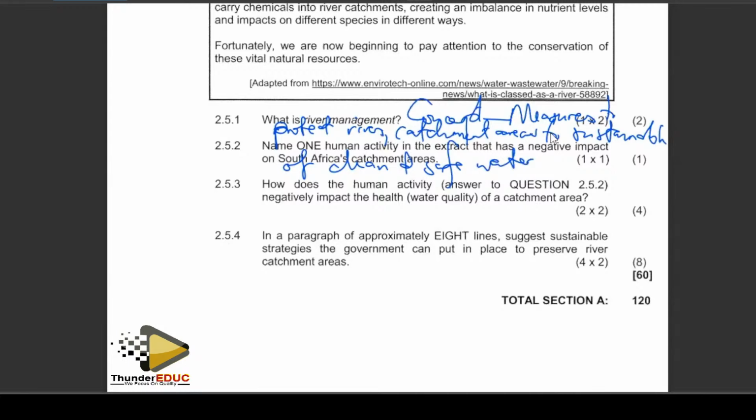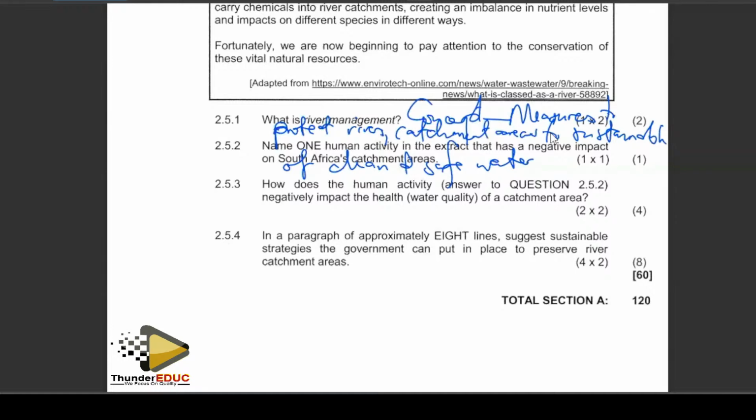I would express it as a concept as measures which are taken to protect rivers or to protect catchment areas, so as to ensure that we have sustainable supply of clean and safe water for whichever purpose, domestic, industrial, agricultural. We must have clean and safe water. So what should we do? We should take corrective measures to make sure that our rivers are safe.